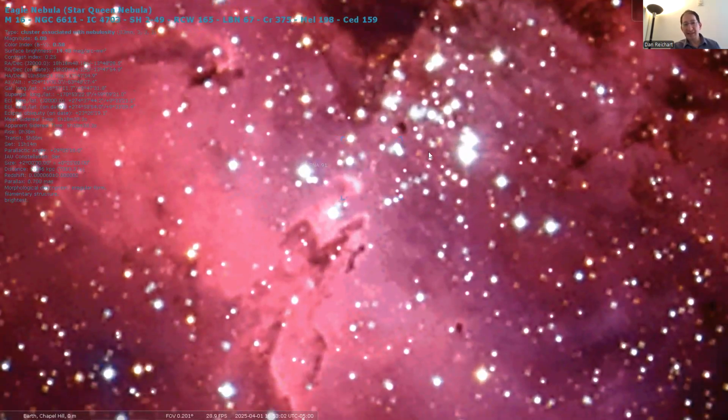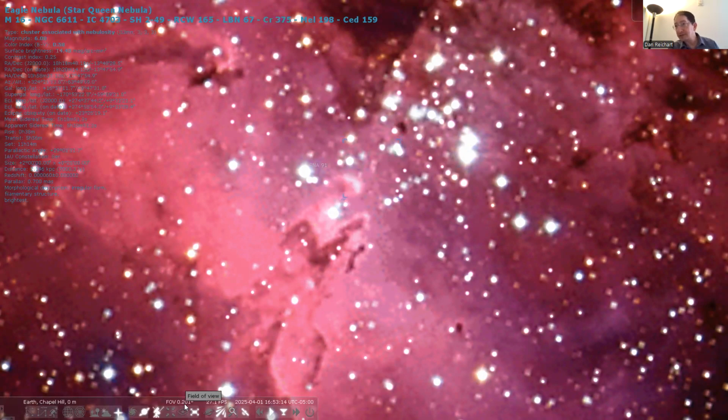If you can only see it left-right, figure out what the left-right distance is and make that the up-down distance from the center, and the up-down distance from the top to the center. And then you can read off the field of view. I got 0.2 degrees, and that's the diameter. So you divide that in two, it's about 0.1 degrees. And that's another way to measure this.